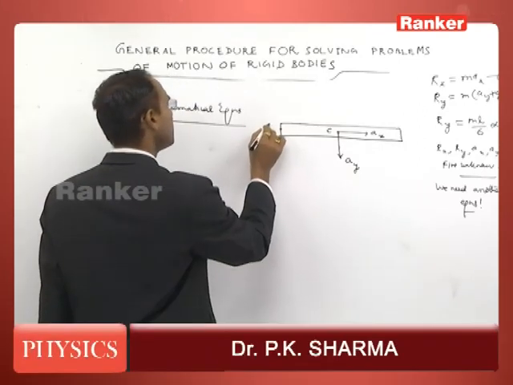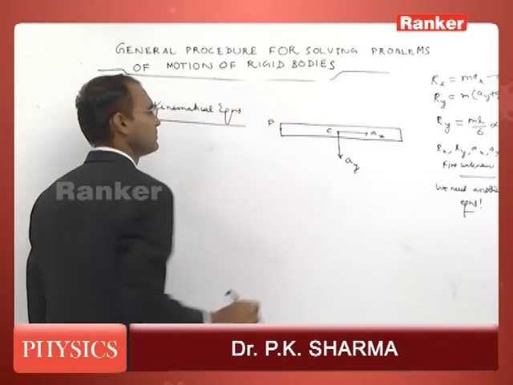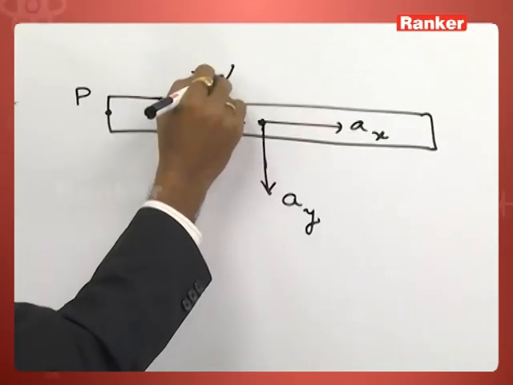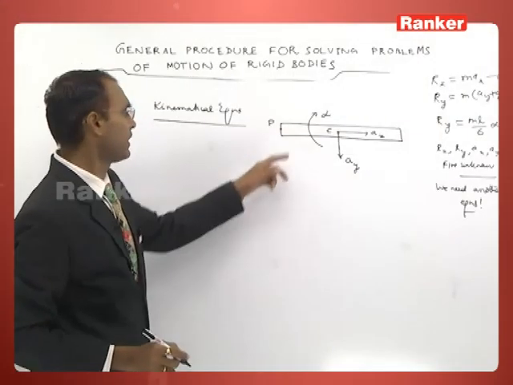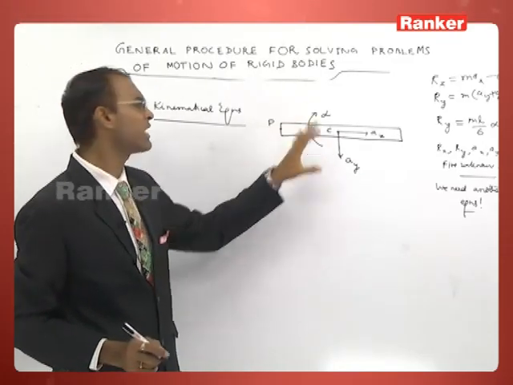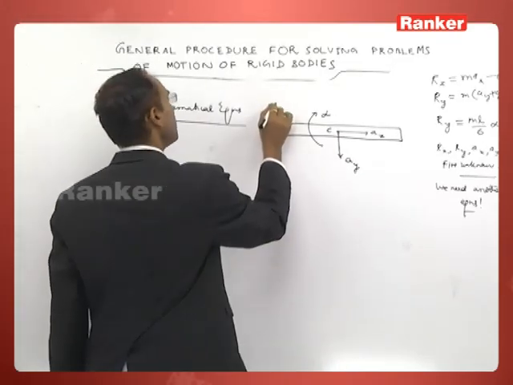And this point is P. And we have to mention the angular acceleration of the rod. This diagram is not a free body diagram, this is a kinematical diagram.